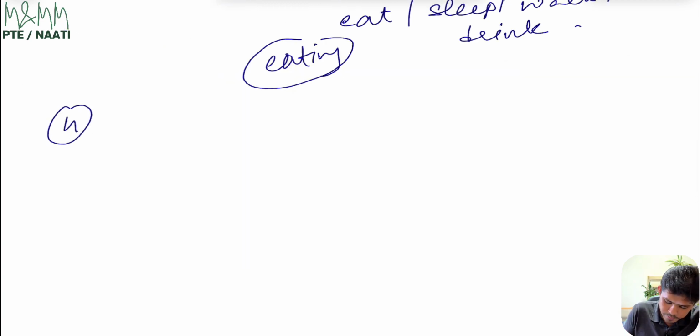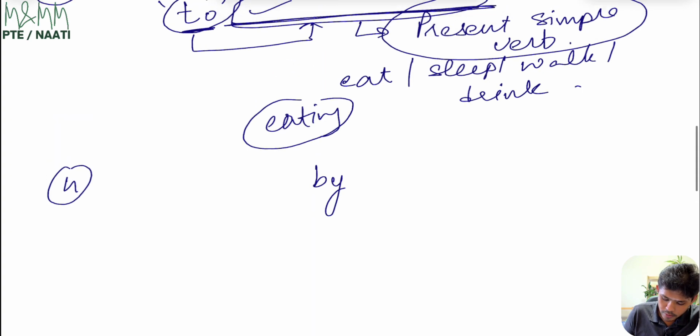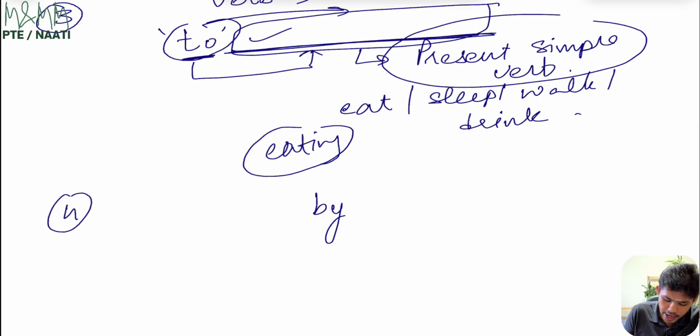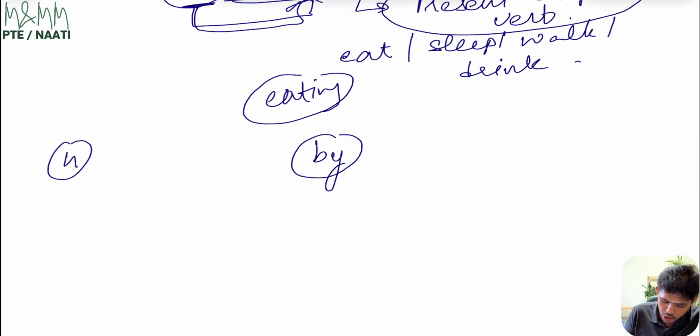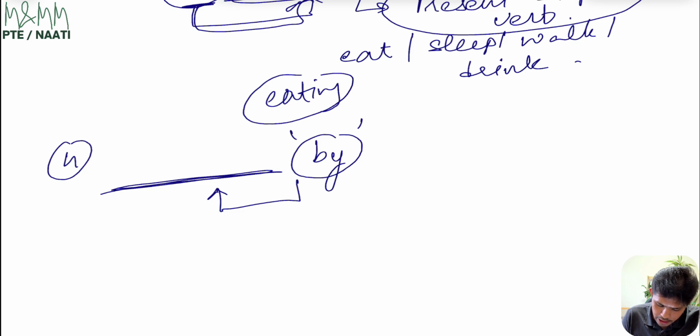The next is if you see "by". For the previous one we had "to", and for after "to" we had a rule. Similarly, if you have "by", you have a rule for what comes right before "by". So the moment you see "by", you will understand that before "by" is a verb in past tense.